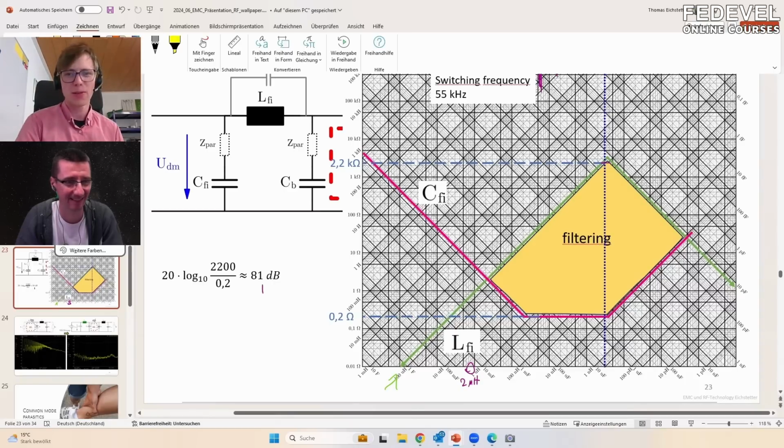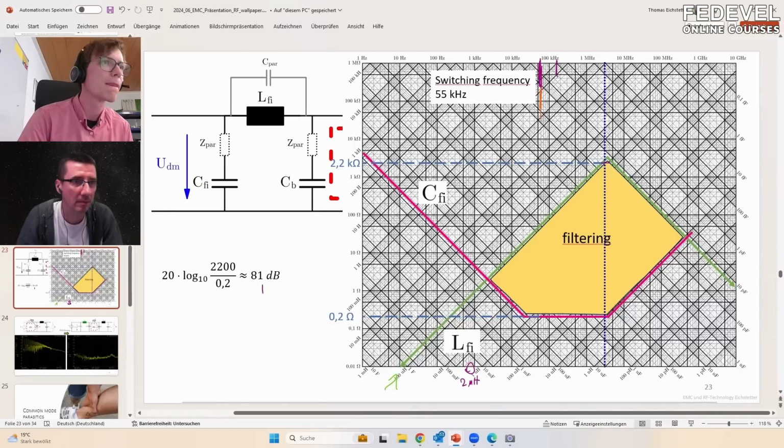Yeah, the best capacitor value is when you are going into the ESR at the switching frequency, because then you have the maximum of the capacitor. So imagine here is your switching frequency, which is going down here.